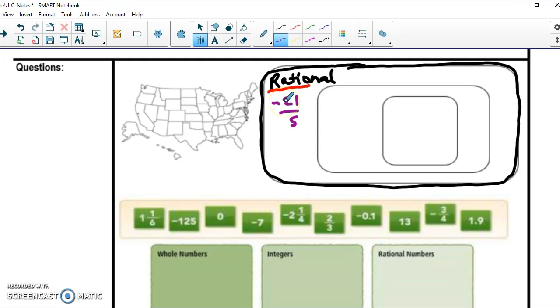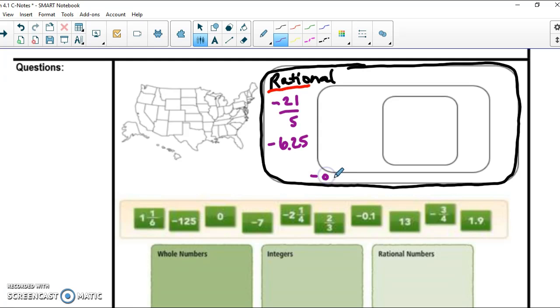And as long as I can write a number as A over B, and A and B are not 0, then it's rational. Another example of a rational number would be negative 6 and 25 hundredths. Although this is currently written as a decimal, it could be written as a fraction or a ratio, so this would be considered rational.